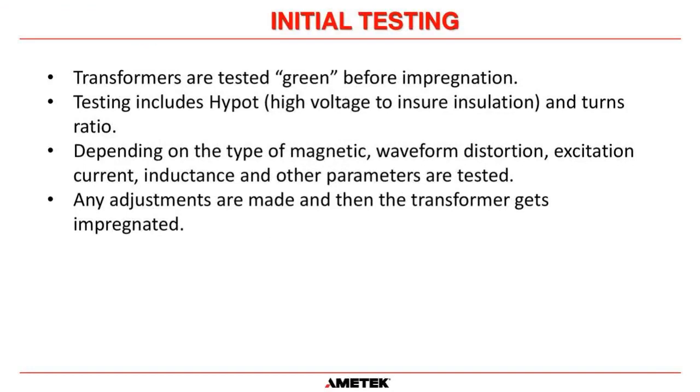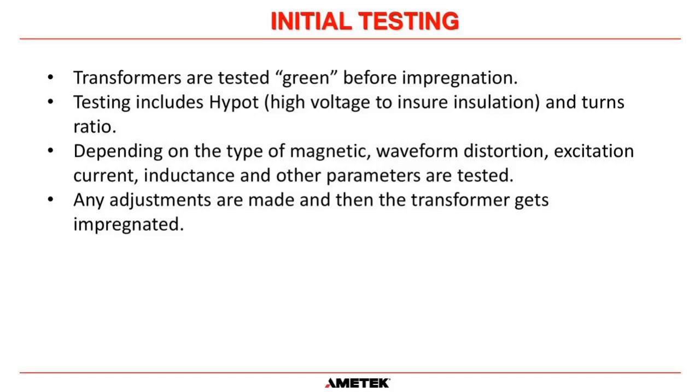Next thing we do is test the machine, the transformer, in what we call green state. Testing includes a high pot, which is just high voltage to make sure the insulation is proper. And we'll check turns ratio.